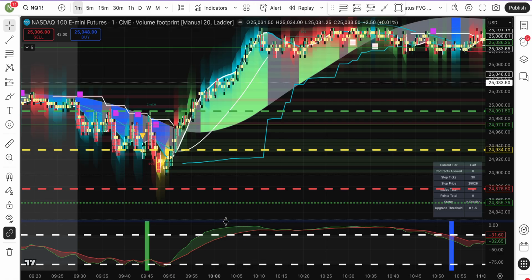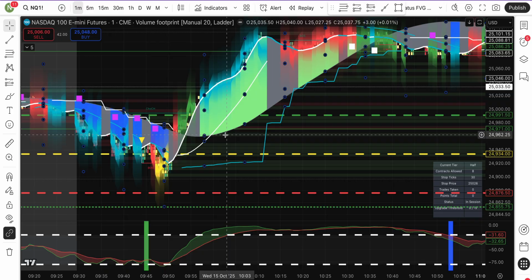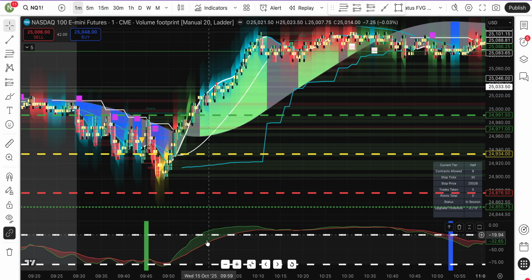But what would make me potentially want to stay in that trade, considering we're typically looking for a move from one extreme to the other? Well, what we know is that it's going to want to distribute up here.